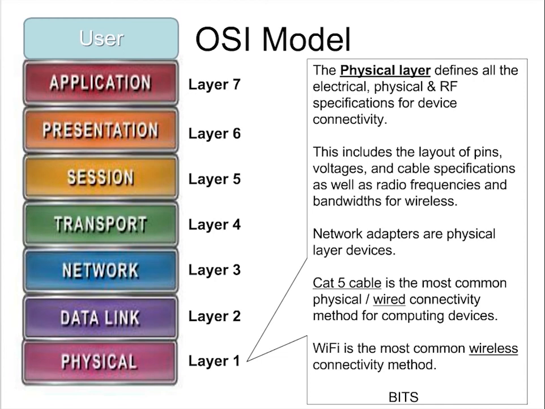And pin layouts and voltages, cable specifications, all sorts of very specific things, frequencies and bandwidths for radio frequency types of connections. The network adapter in a computer is a physical layer device.